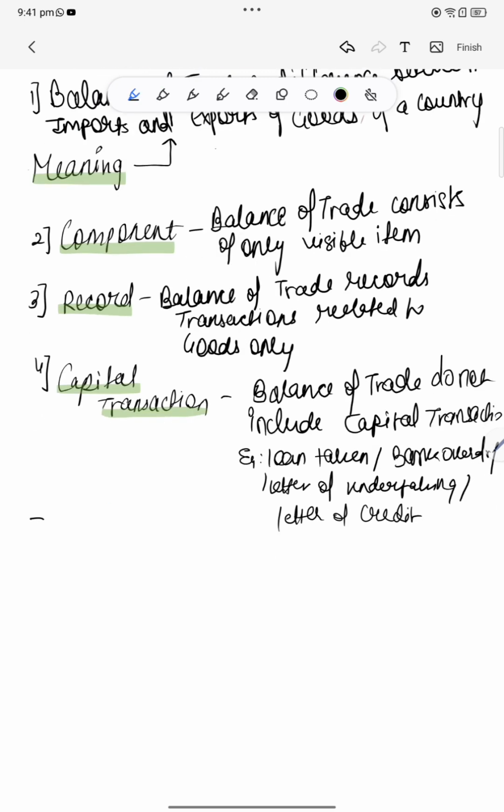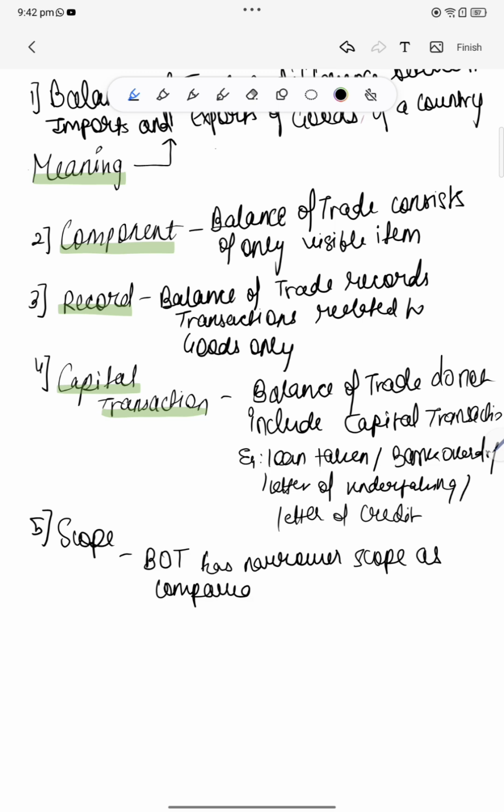Then in fifth, it includes scope. Balance of trade is also known as BOT. Balance of trade has narrower scope as compared to balance of payment, BOP.